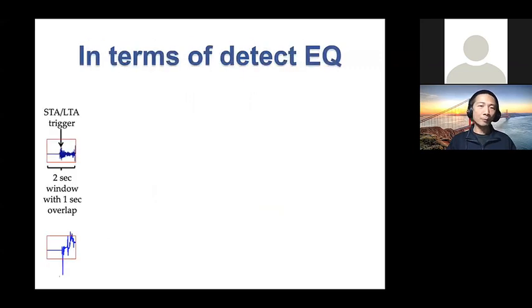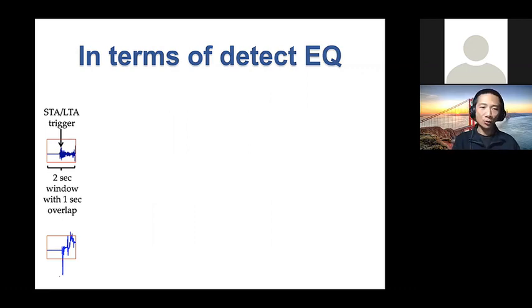In terms of the earthquake detection, as I mentioned, we only use a 2 second window to determine whether this is due to an earthquake and what the magnitude is, because we want to detect the earthquake as fast as we can.